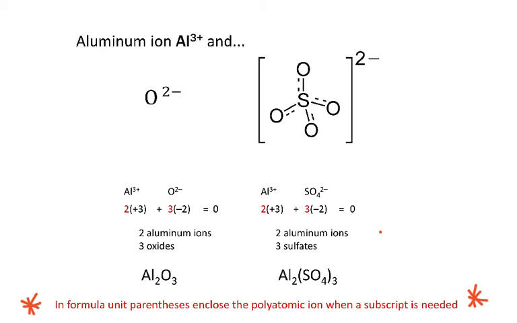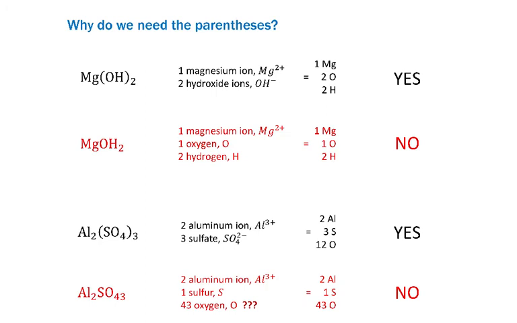And to show why, I have kind of a fun slide, kind of a silly slide. So why do we need the parentheses? What would it mean if we didn't put them? Right, so magnesium hydroxide is Mg(OH)2, and we say it as MgOH2, but it's actually Mg and then polyatomic ion OH, 2 of those.